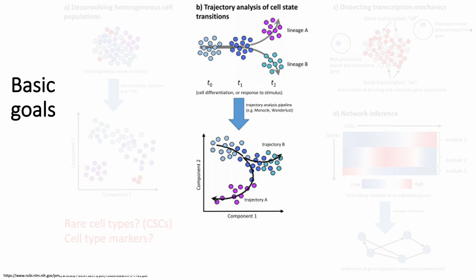And basically, the idea of trajectory analysis is that when you visualize the cells that you sequenced, because they all are unsynchronized, in principle, if you sequence enough cells, there should hopefully be a representative set of cells that were in any given state along the differentiation process.